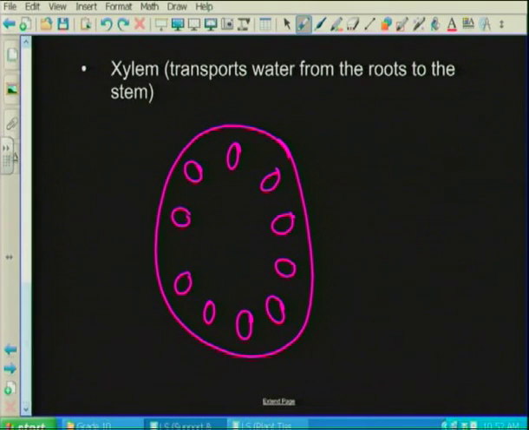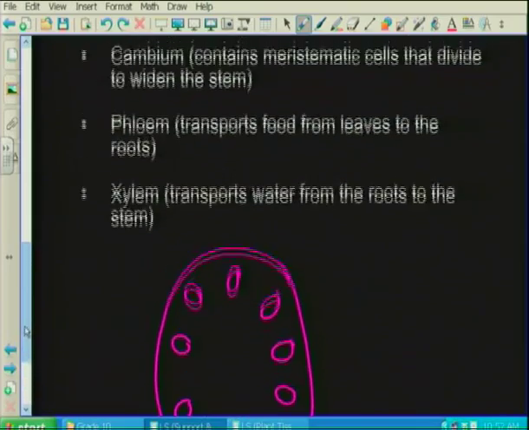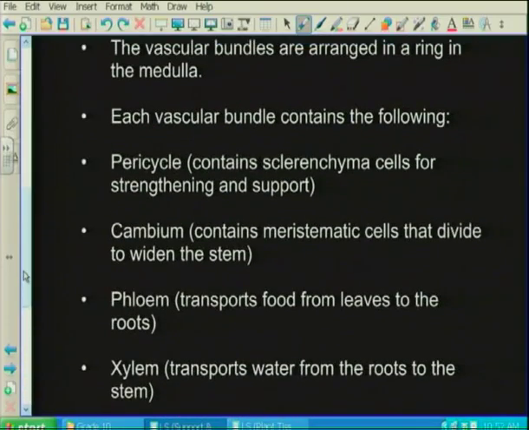And then each of the vascular bundles is going to consist of a pericycle, which contains the sclerenchyma cells. The sclerenchyma cells, you remember from the previous lessons, are basically dead cells, but they are very strong, so they are for structure and support. That's what keeps your plant upright mostly.